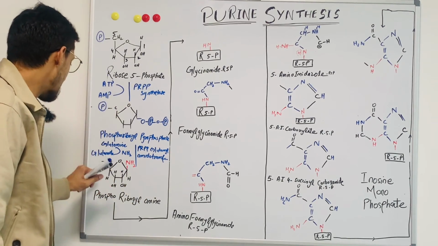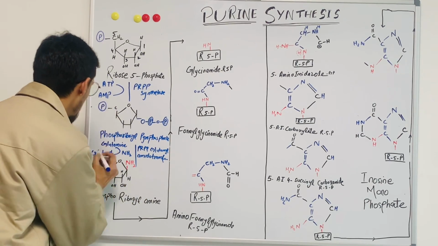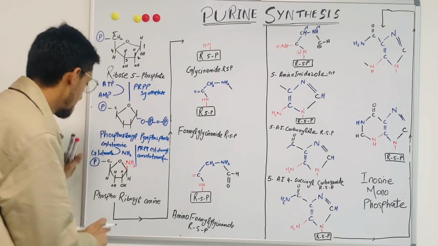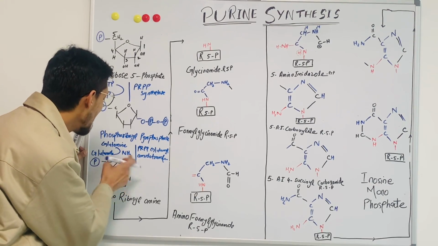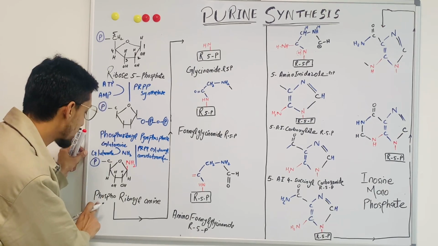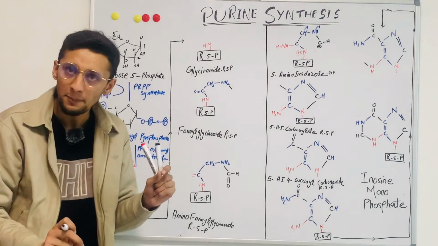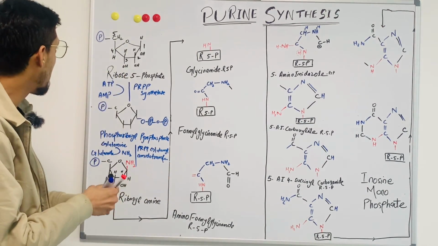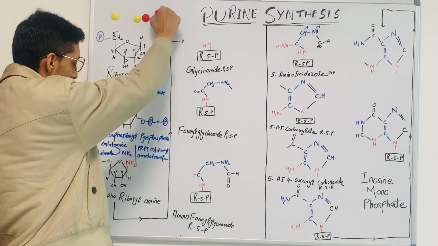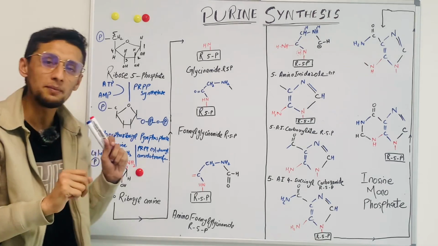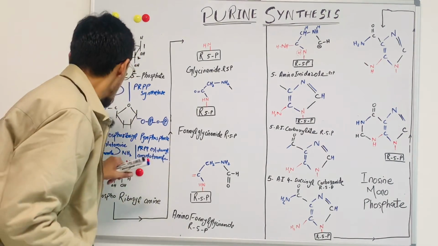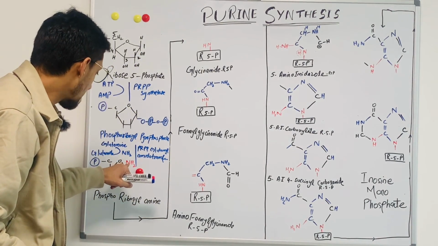Now you can see that to carbon number 5 there is a phosphate attached. This is phosphoribosyl and an amine portion, so this compound is phosphoribosylamine, right? So this is the first step. Keep it in mind, that is very important, that the first nitrogen is coming from glutamine. Glutamine is an amino acid, right? So the first nitrogen comes from glutamine.